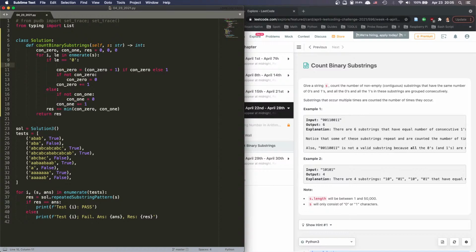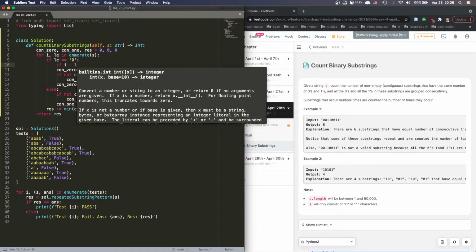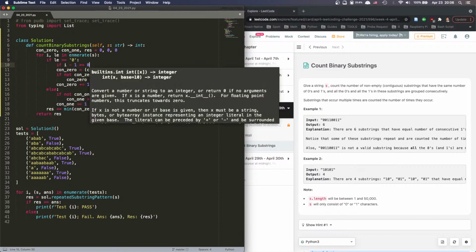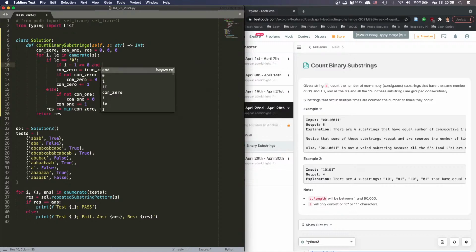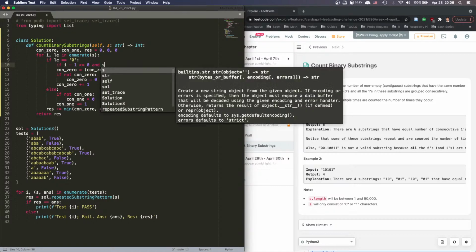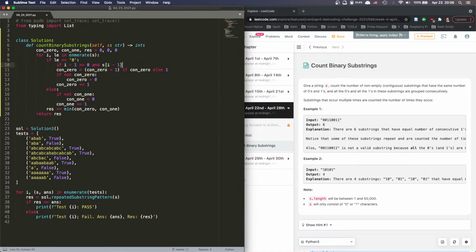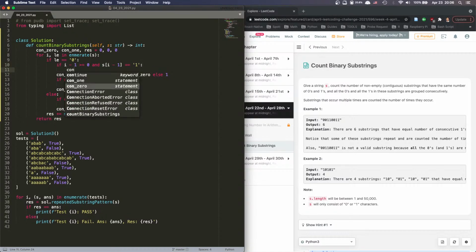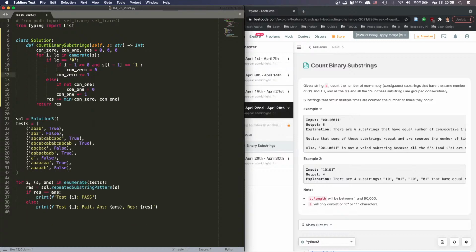If the letter is 0, and if i minus 1 is larger than or equal to 0, and S of i minus 1 is a 1, then we set consecutive 0 to 0, right? That's how we reset.